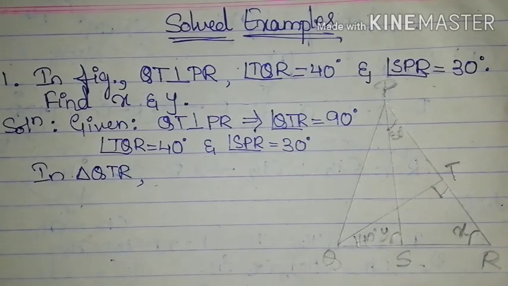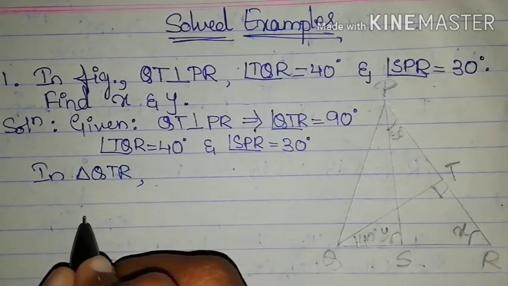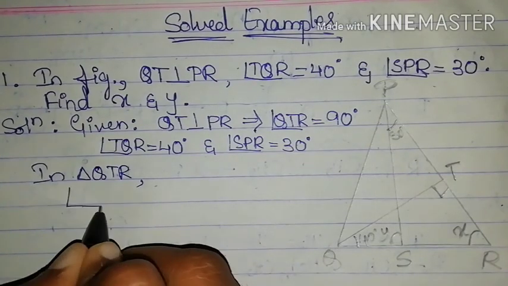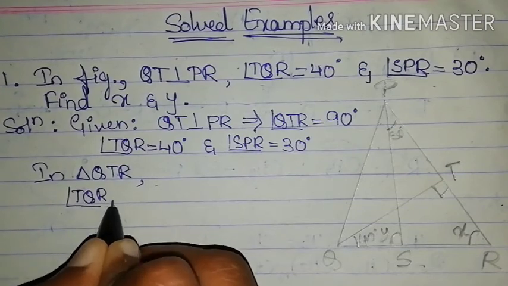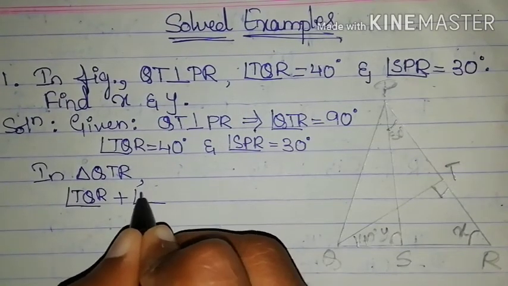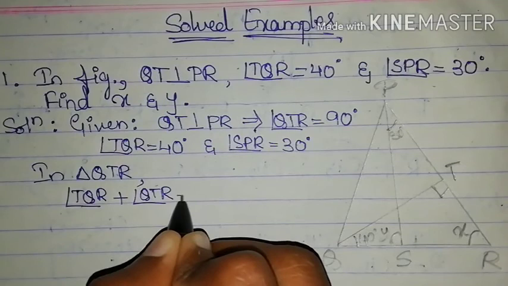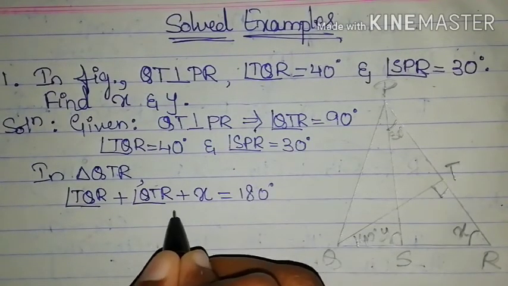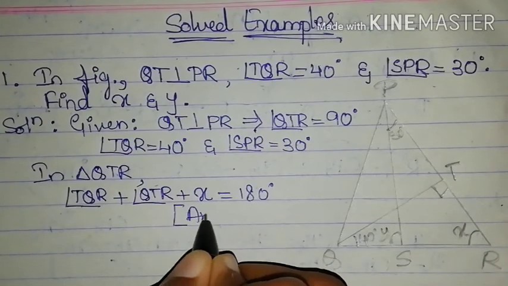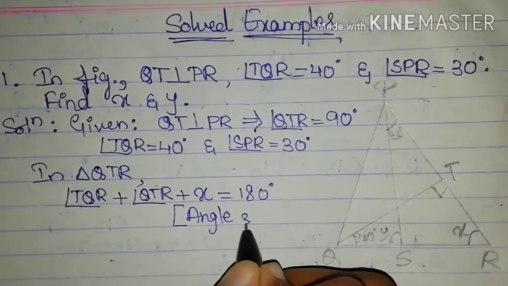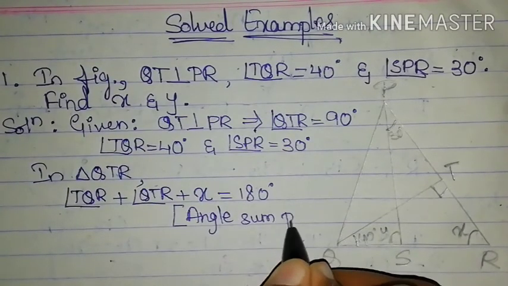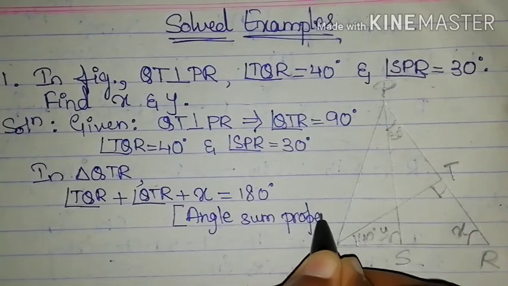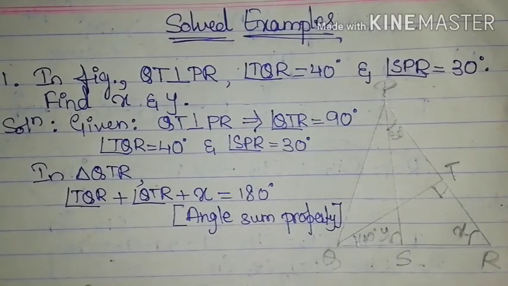Because sum of the three angles of a triangle is always equal to 180 degrees. So in triangle QTR, angle TQR plus angle QTR plus X is equal to 180 degrees, because the reason is angle sum property of a triangle.